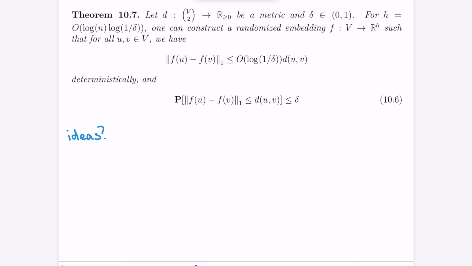Any ideas for how to, like we can take that as a concrete example. So you've computed all pairs shortest paths. You know for every pair of vertices the distance between them, it's an undirected graph. And now you need to assign to each vertex some set of coordinates, hoping that the L1 distance in this coordinate representation roughly reflects the shortest path distance up to a log n factor.